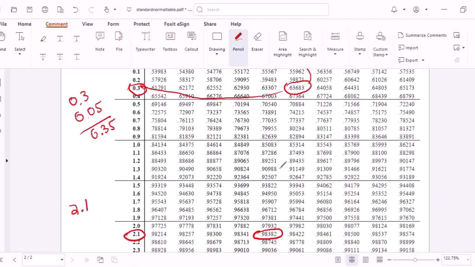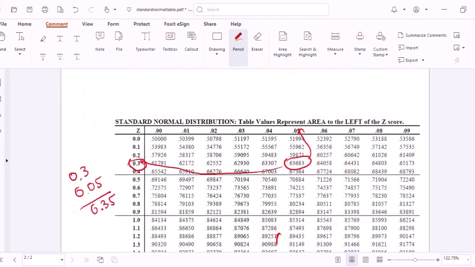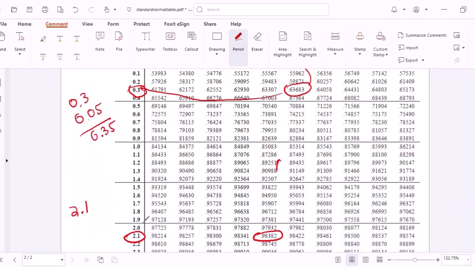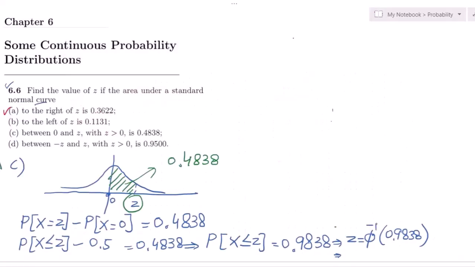And this column is at what value? This one is 0.04. So 0.04, so it would be 2.14. Therefore the value of z here is 2.14, and that is basically the solution of part C of my question.